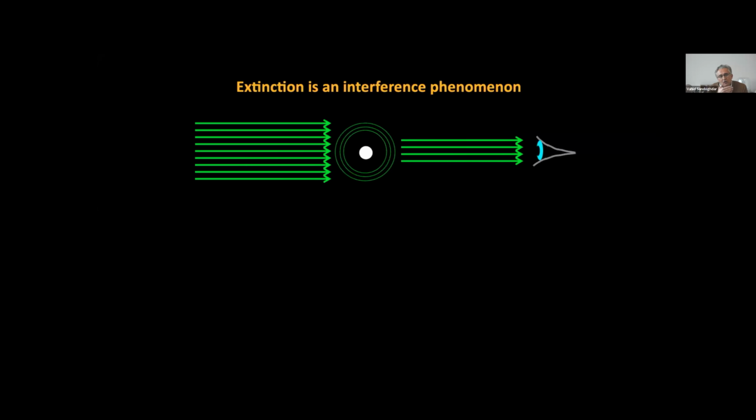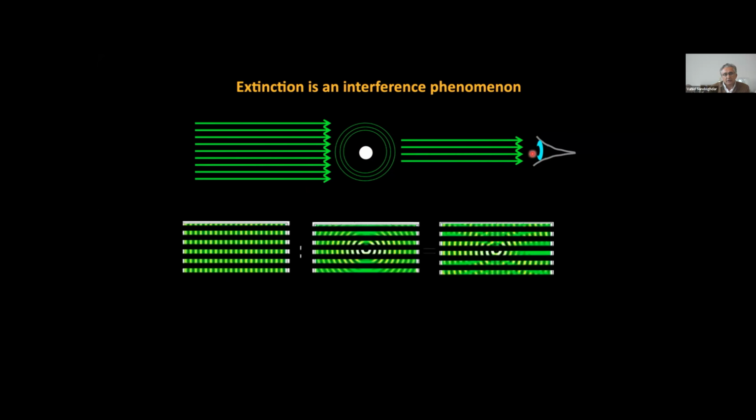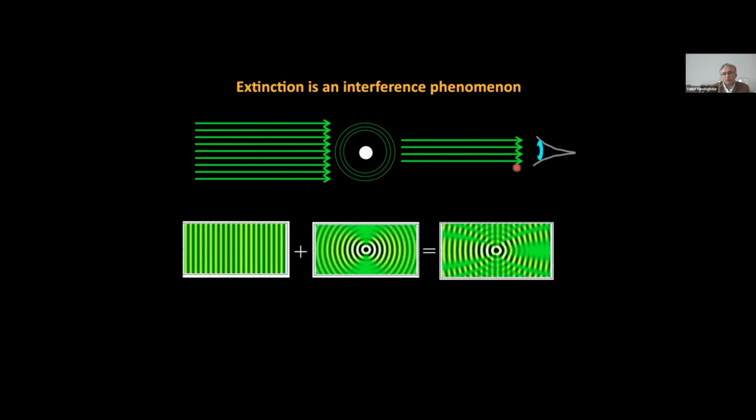Now, before I move on, I also want to emphasize that extinction is an interference phenomenon. So when you have a nanoparticle and you illuminate it, we just talked about the polarizability of this object and how much light is going to be scattered. But if you were to look right into the beam straight on and detect the power that you collect, then this power could be derived by considering the interference of the field that is scattered and the field that was incident.